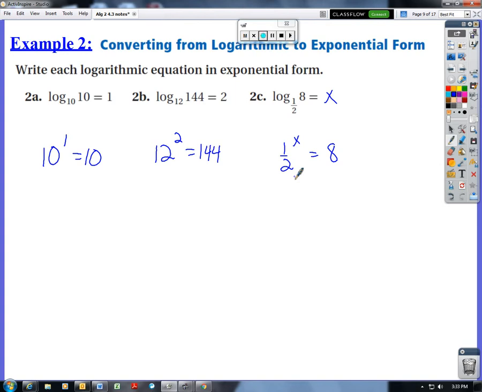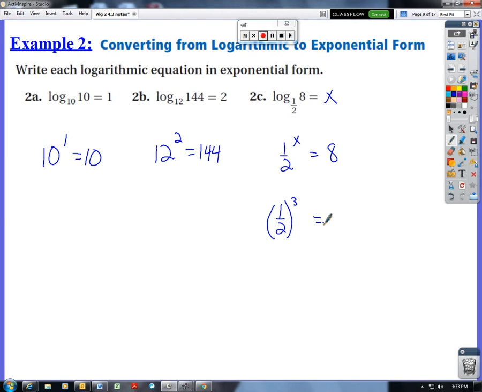I'm trying to think of how I would explain this without giving away the answer. Well, let's say it was 1/2 to a positive x. Since it's 8, let's try 3, because 2 to the third is 8. You're just guessing because you've never seen something like this before.